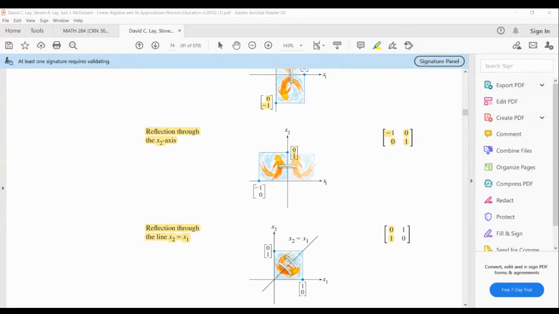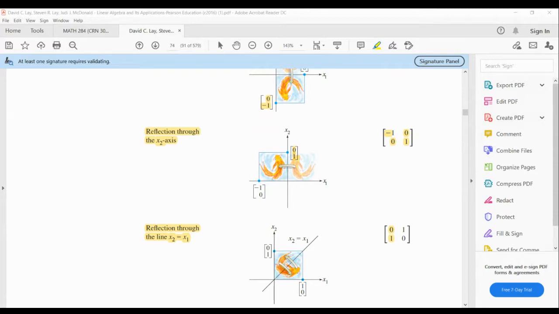Why is that? In the matrix in the third picture here, reflection through the line x2 equals x1, why is that vector 0, 1?